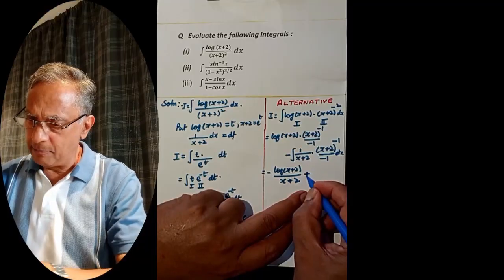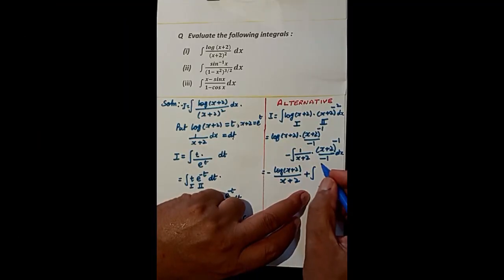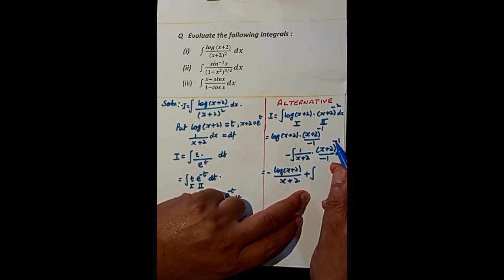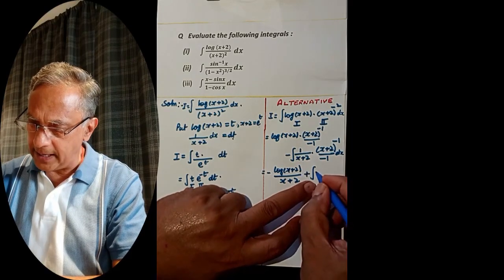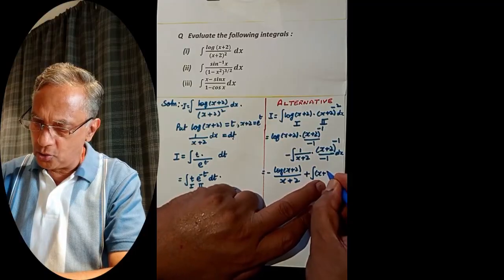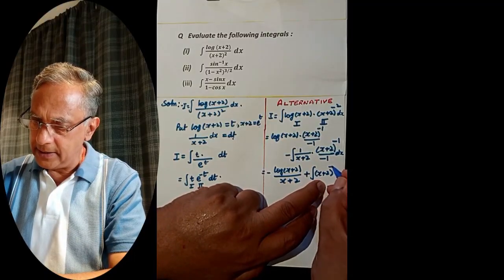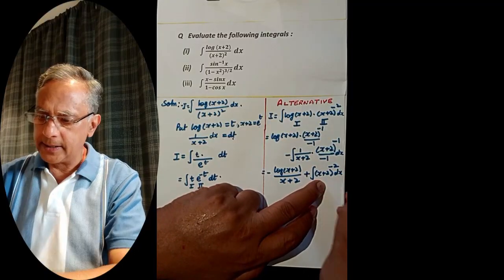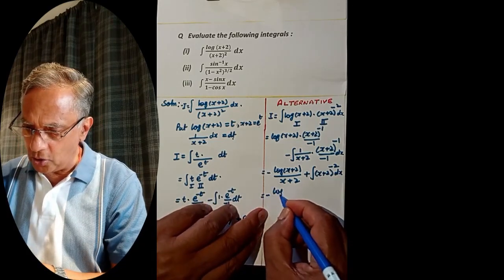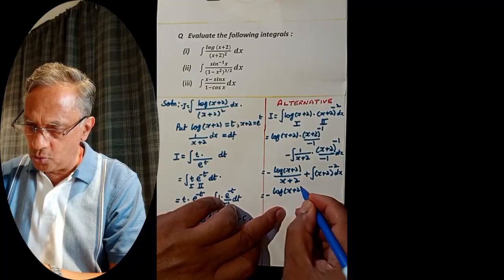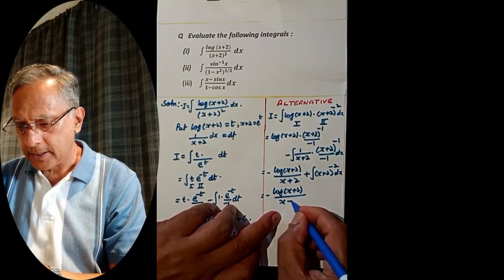So this will be plus the integral of x plus 2 to the power of minus 2 dx. And we can write this as minus log of x plus 2 divided by x plus 2.